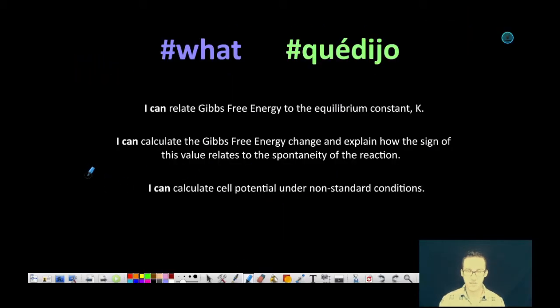So if we break this one down a little bit, some of the underlying things we're going to be talking about to better understand those redox reactions are relating the equilibrium constant K, which we just began to understand and think about, to Gibbs free energy. Another big term there that we will introduce in this unit and come back to later in another unit.